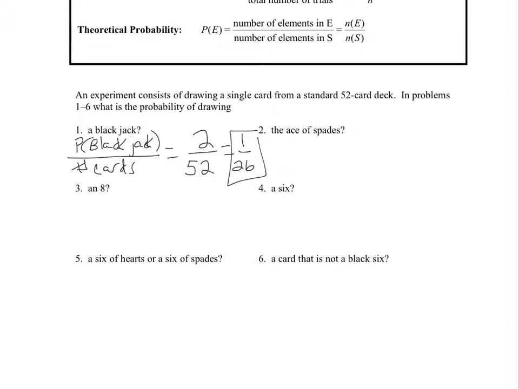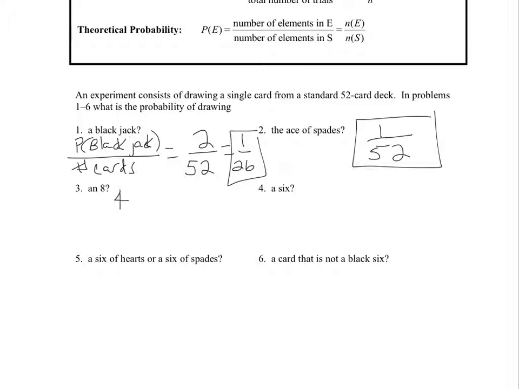Now, if I ask you what's the probability of getting the ace of spades, well, there is only 1 ace of spades in a deck of cards out of 52 cards. Nothing to reduce there. The probability is 1 out of 52. Now, what if I ask you what's the probability of getting an 8? Well, you have to decide how many 8s are in a deck of cards. Well, we said before there are 4 suits. Each one has an 8.